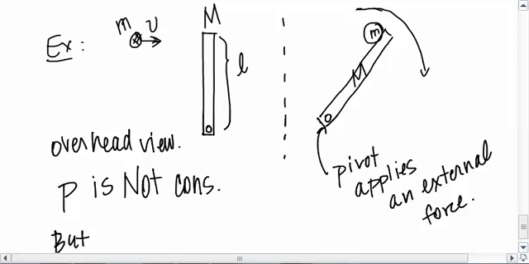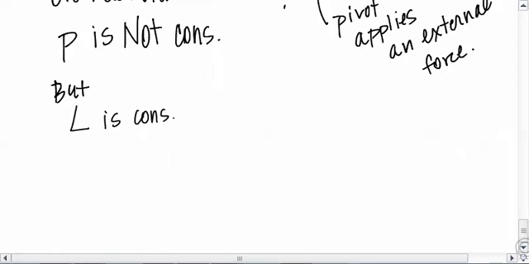Little m, big M, or both? Little m. So if angular momentum is conserved, the initial angular momentum equals the final angular momentum. In the beginning, it's a point mass. How do we solve for the angular momentum of a point mass? m R v. What's R going to be for my picture? L, the length of the rod. And what's v? v.